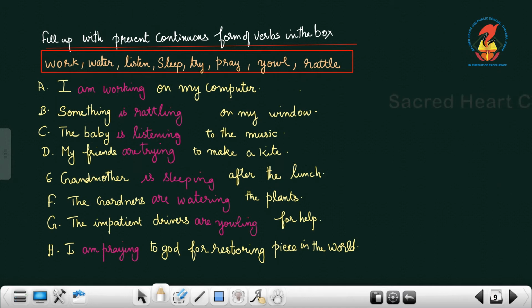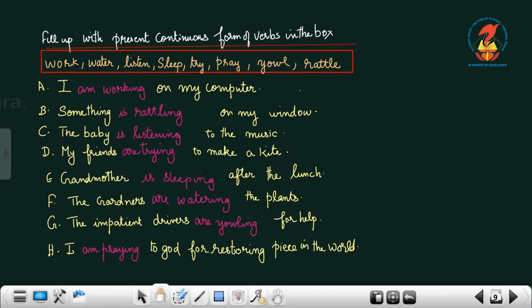Then see, the baby, yes, one baby only, is listening to the music, is listening. Then D, my friends are trying to make a kite. My friends, plural, so are. Grandmother, singular, so is sleeping after the lunch.